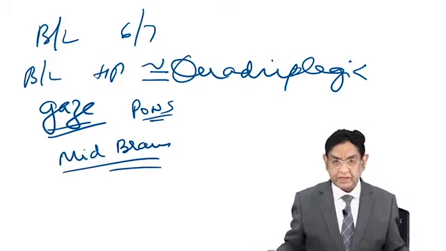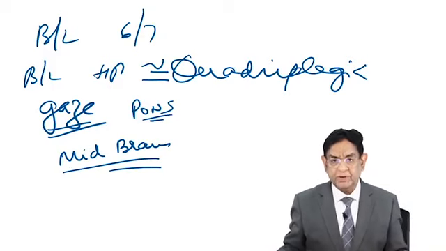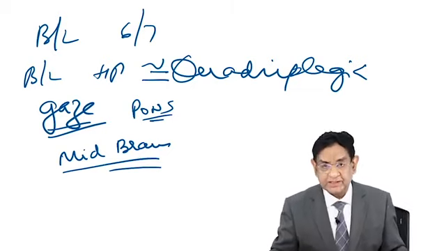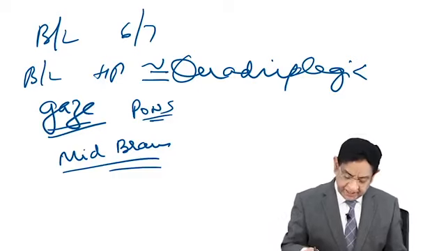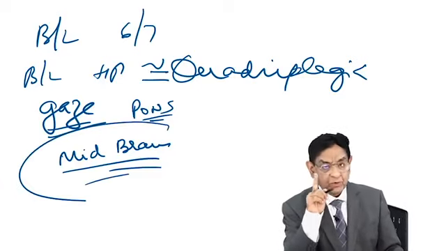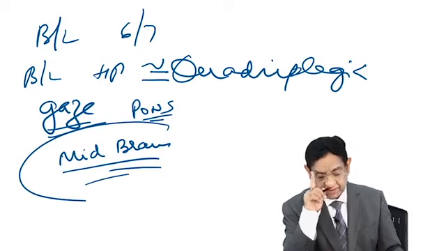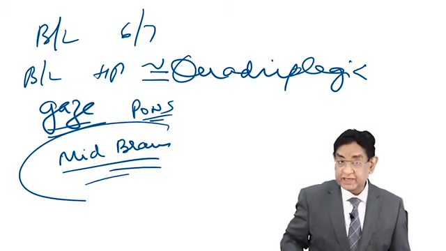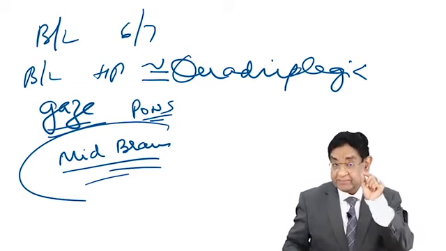So in this locked-in syndrome, the only movement possible is up and down. It's a very commonly asked question: in locked-in syndrome, which movement is possible? Only movement possible is up and down. Up and down is the vertical because the center lies in the midbrain.